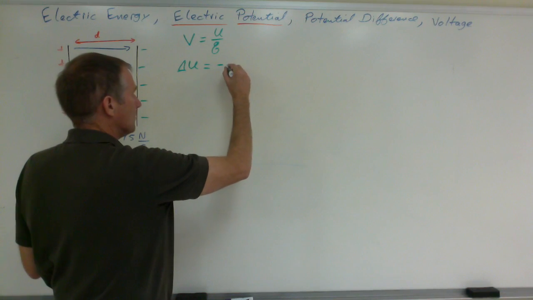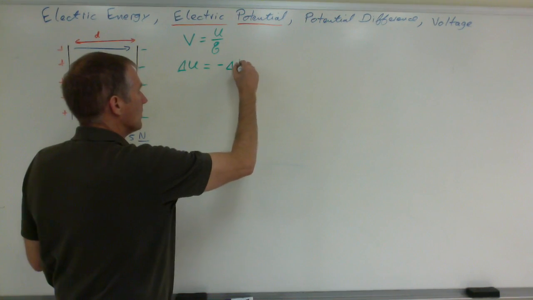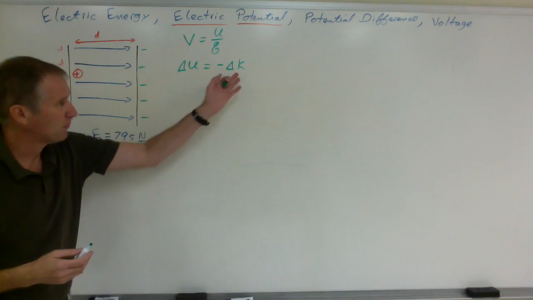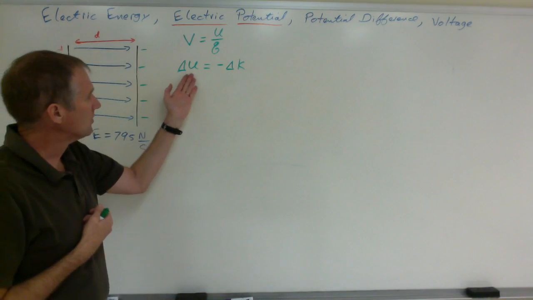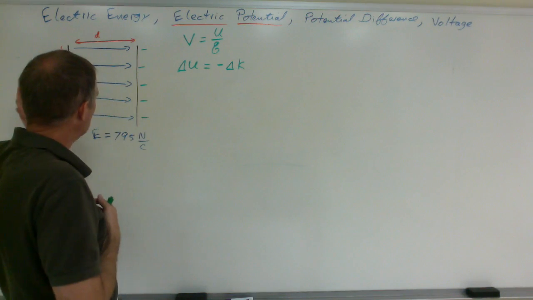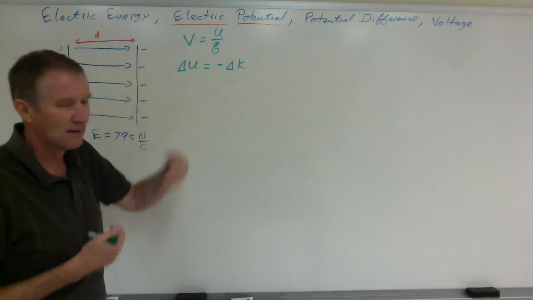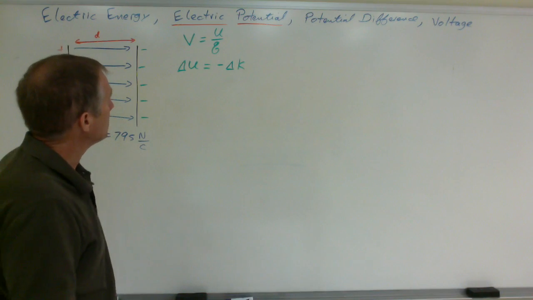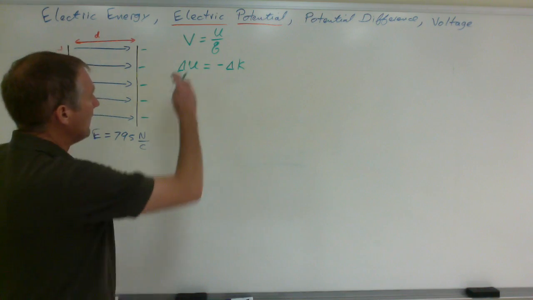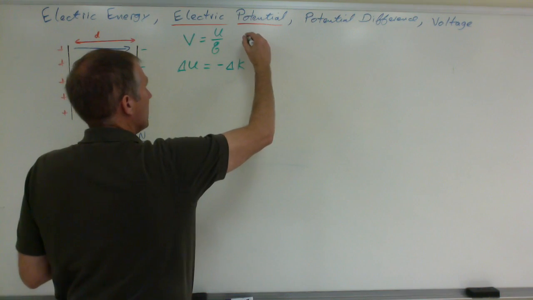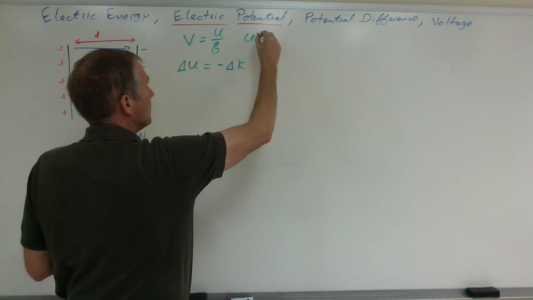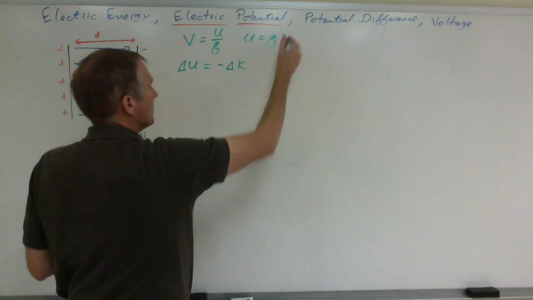In fact, energy is conserved. And so you can either use a delta K, or if you want to put a KE for kinetic energy, that's fine. But the change in the potential energy that it loses would be the kinetic energy that it gains. Now you can see that if I multiply both sides by q here, U equals qV.